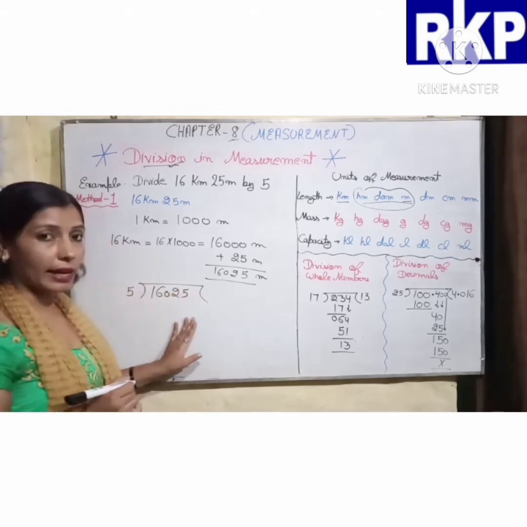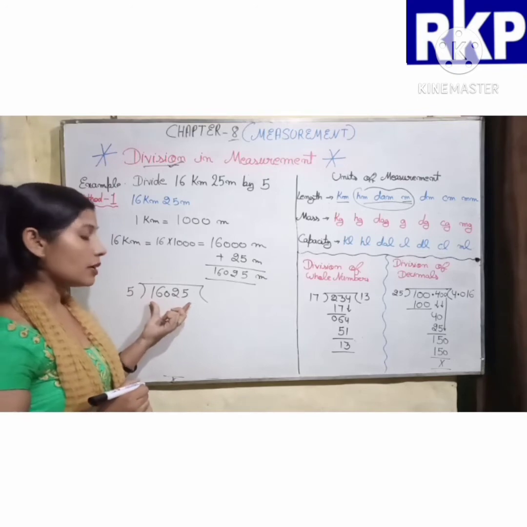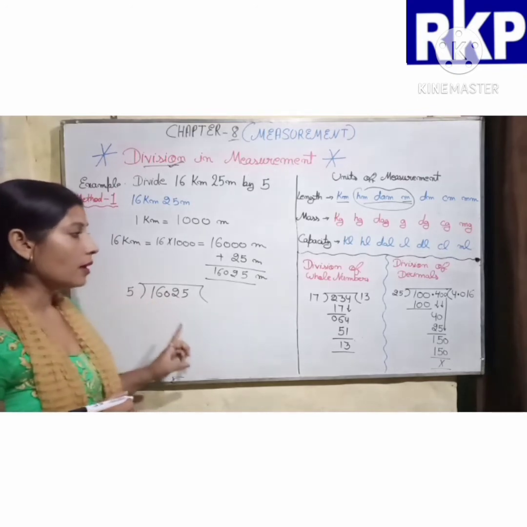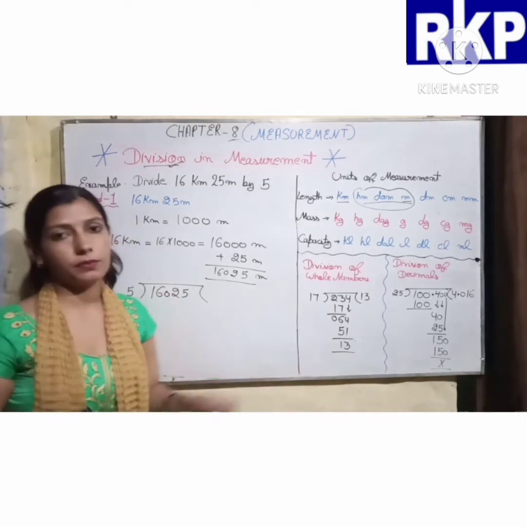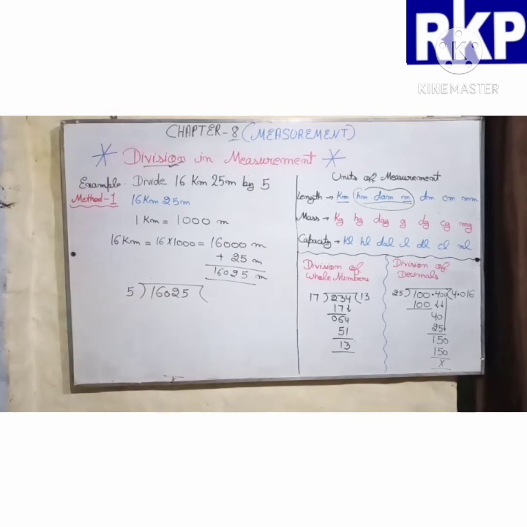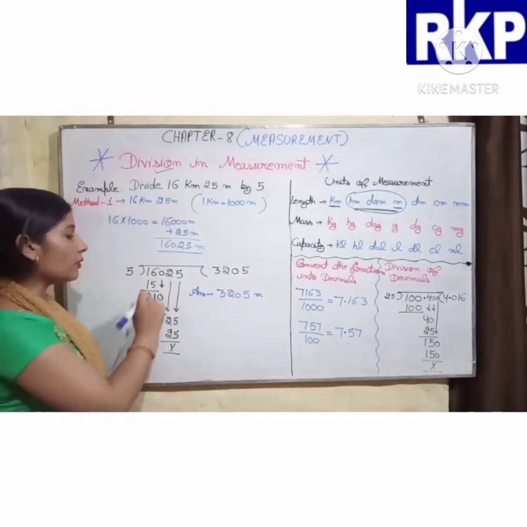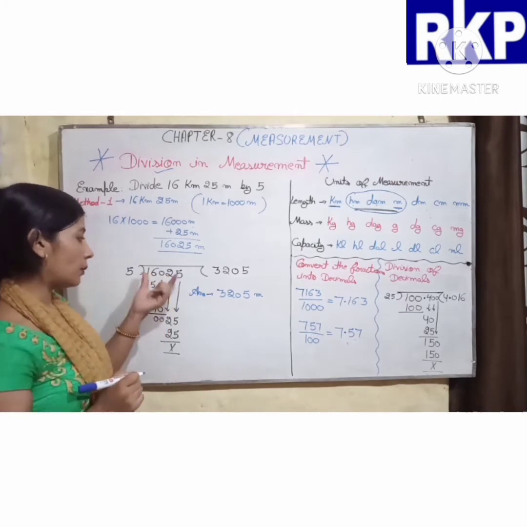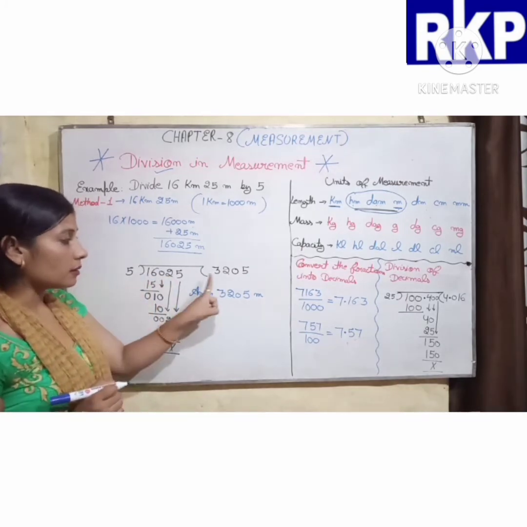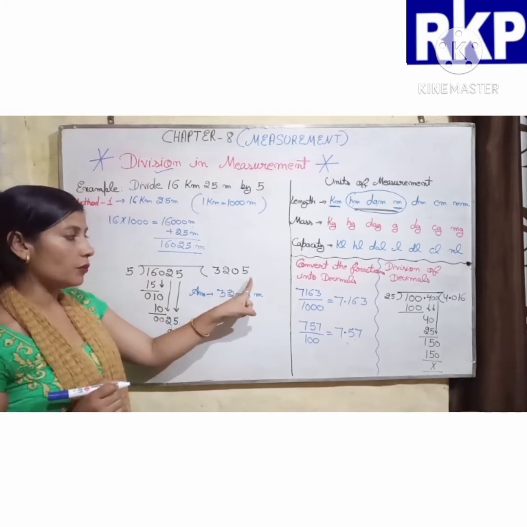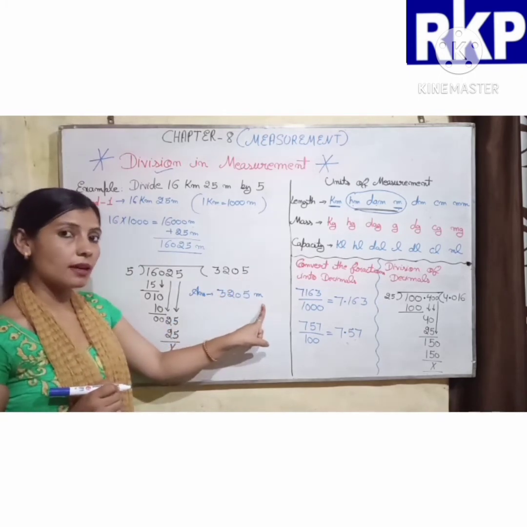We will divide 16,025 by 5 like whole numbers. Students, when we divide 16,025 by 5, we get 3,205 meters as an answer.